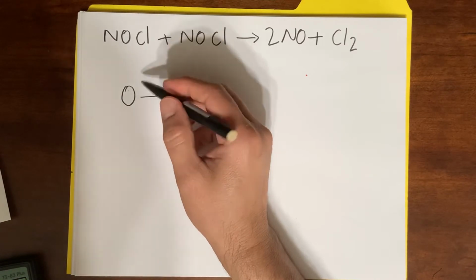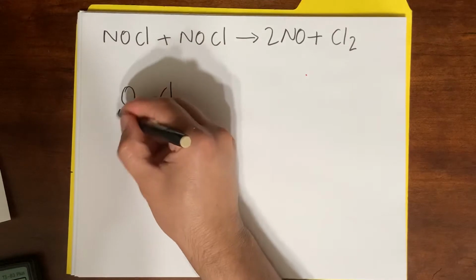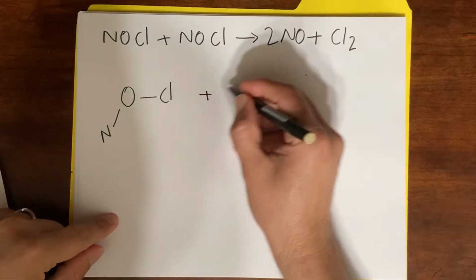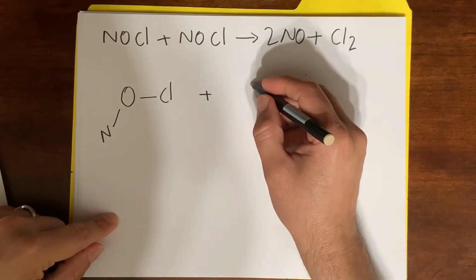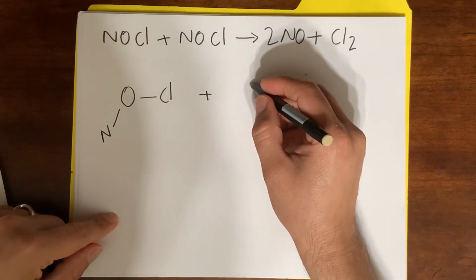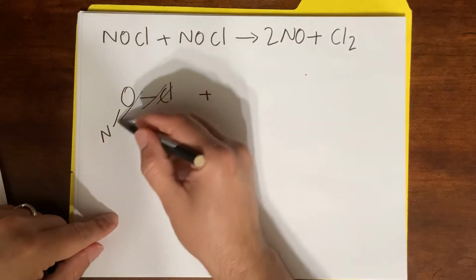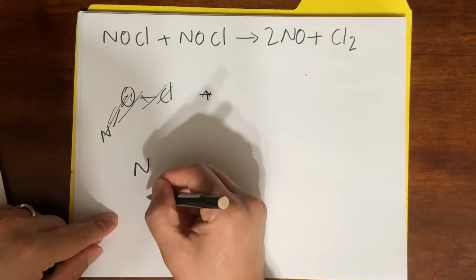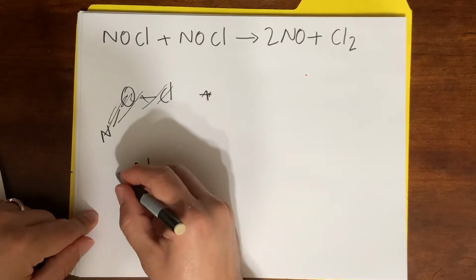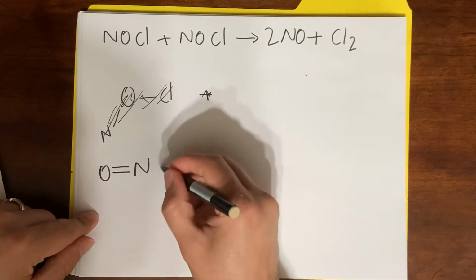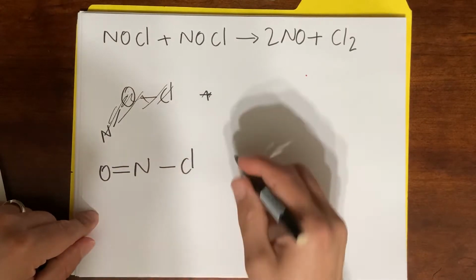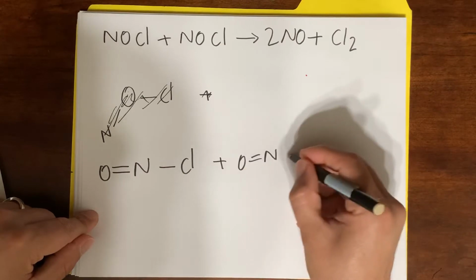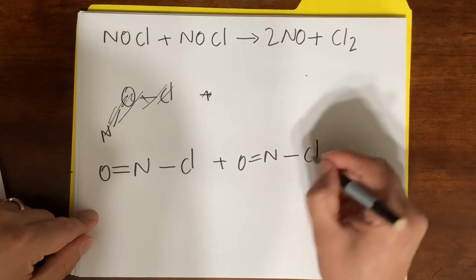If it's oxygen, I go with chlorine here. Let's say this one is nitrogen. Sorry, this one cannot be, it has to be nitrogen. So say you have oxygen, you have chlorine, then you go nitrogen, oxygen, chlorine. Okay.